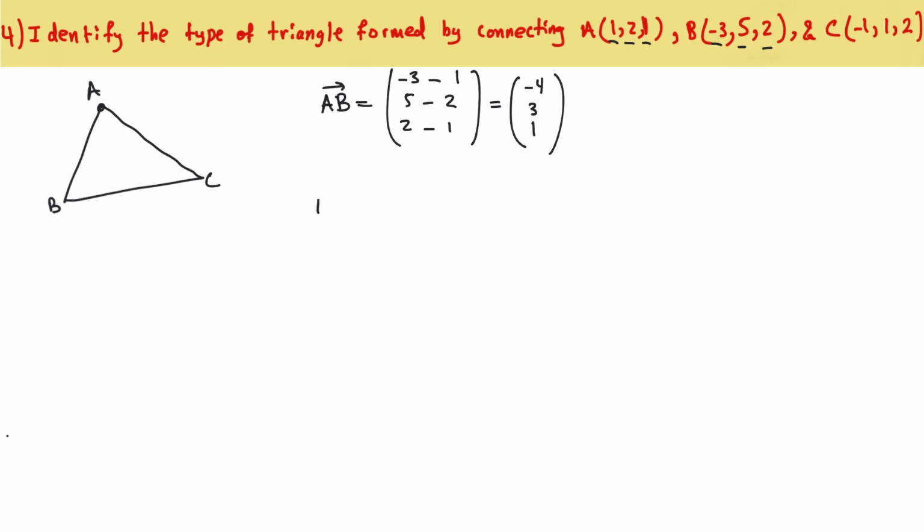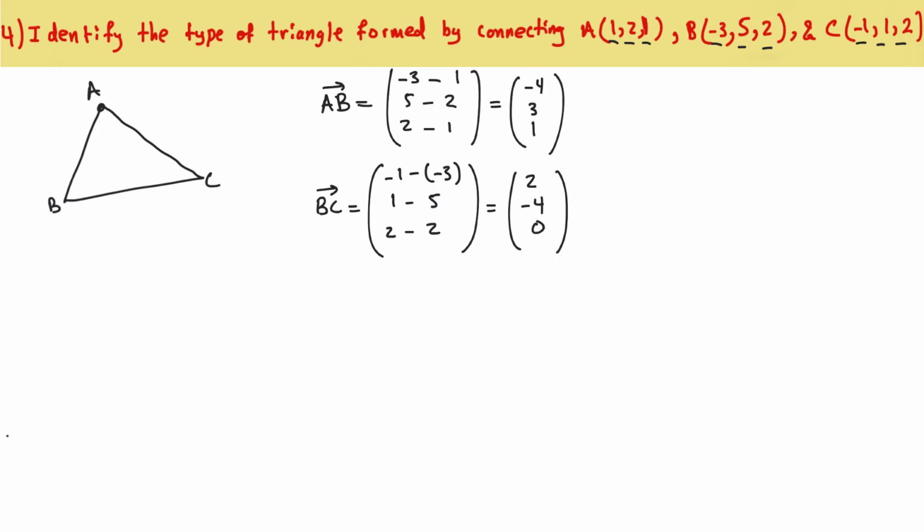So BC, for this one, we're going to use the x, y, and z components of point C, -1, 1, and 2, and subtract the x, y, and z components of point B, which are -3, 5, and 2. -1 minus -3 is -1 plus 3, which is 2. 1 minus 5 is -4, and 2 minus 2 is 0.